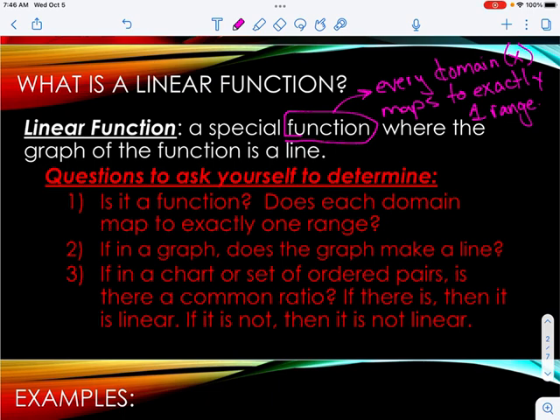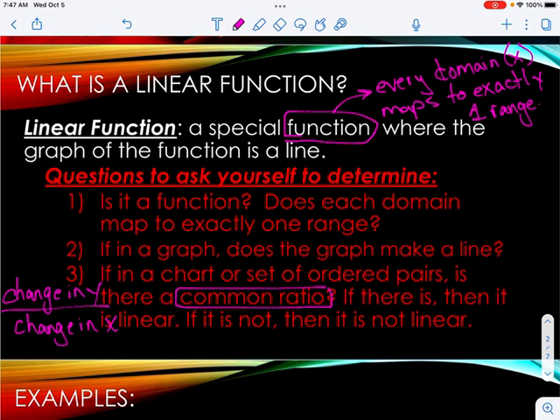Number three, if you're given it in chart form, or a set of ordered pairs or something along those lines, a t-table, is there a common ratio? Now, what that means is that your change in y over your change in x.